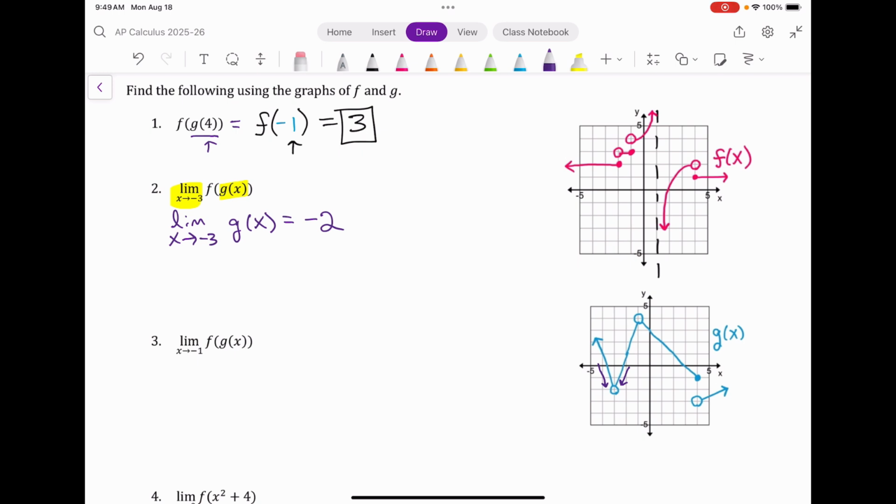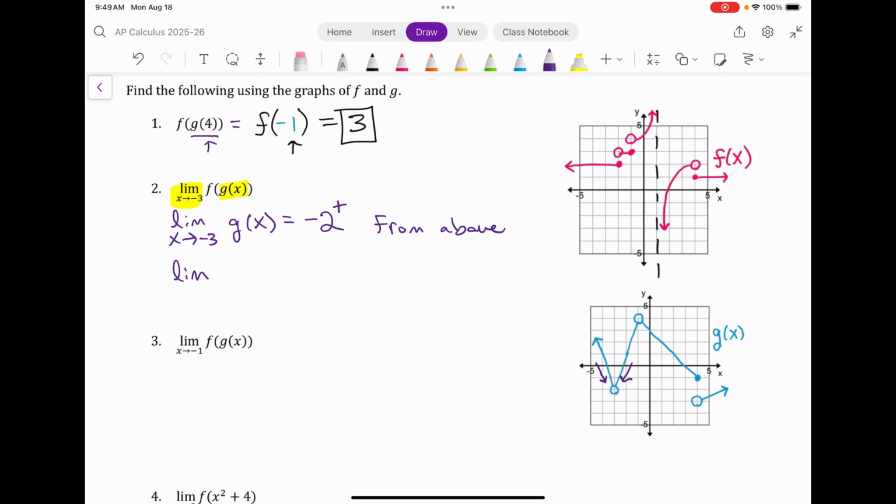And so we have to be careful, because remember, this y value that we're approaching on the g graph is going to correspond to an x value on the f graph, the f function. So we need to pay attention to where g is approaching this y value of -2 from. So if you look, we're approaching this y value of -2 from above. So this is going to correspond to an x value on f of x.